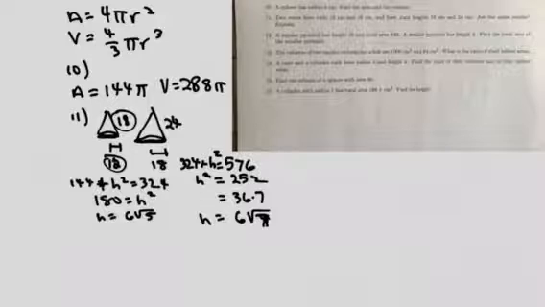And so now when we compare those heights, they should be in the ratio of 3 to 2. And this is not in the ratio of 3 to 2. So they're not similar.